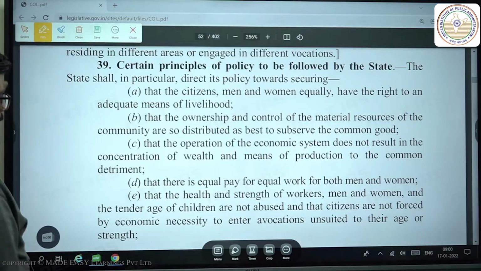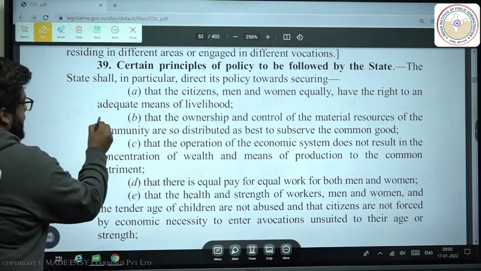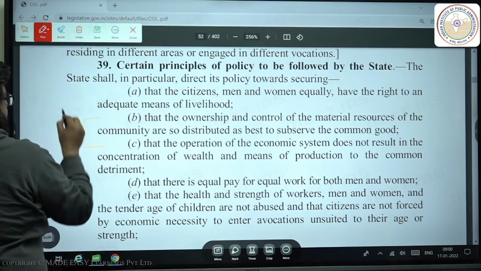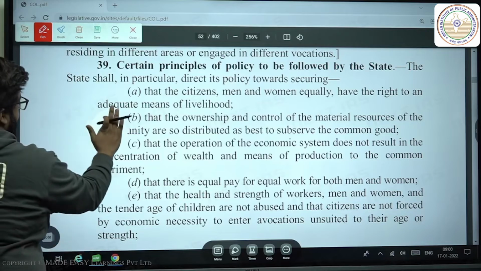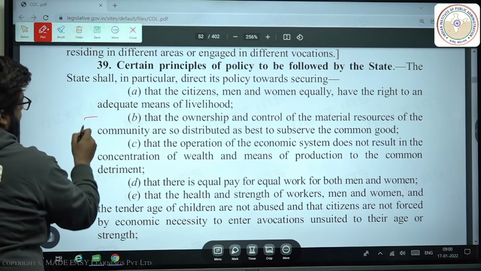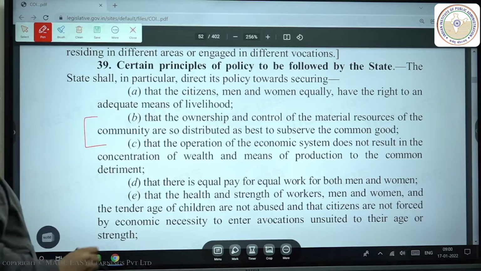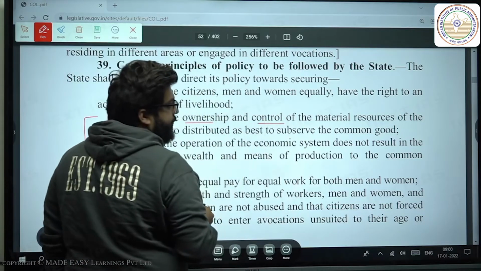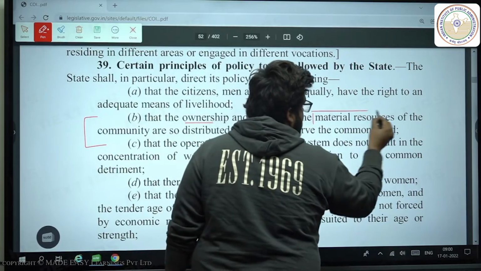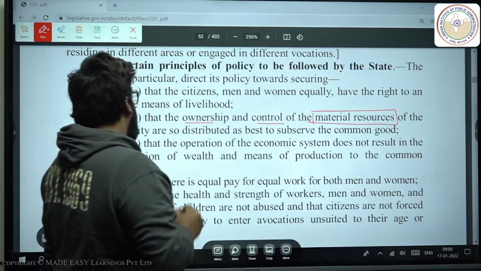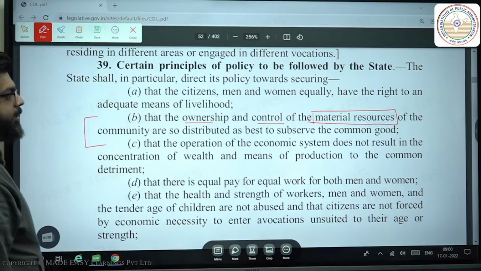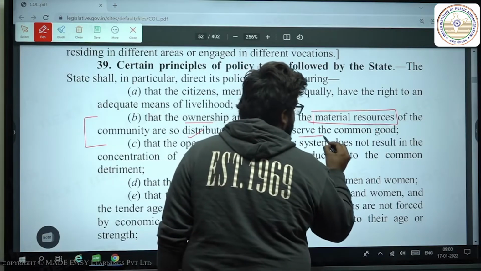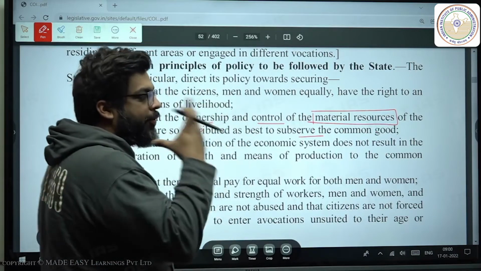Okay, that is A. Let's focus here. 39B and 39C. Okay? The ownership and the control of material resources of the community are so distributed as to subserve the common good.